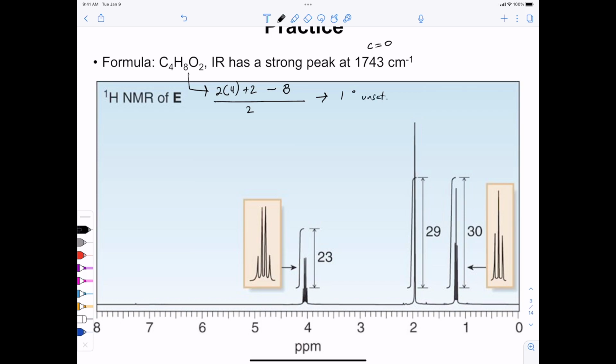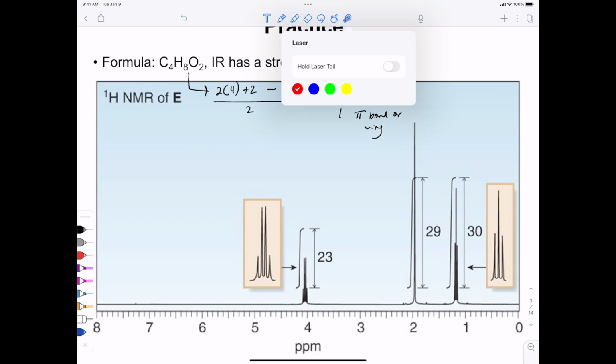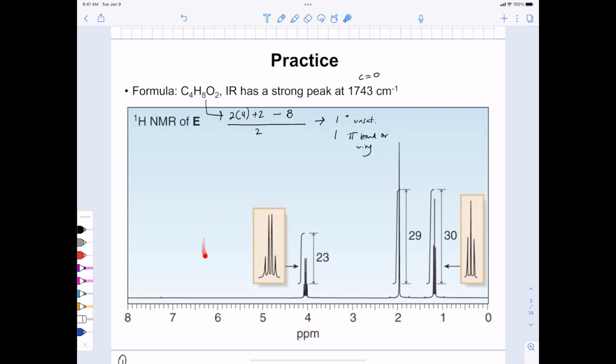That tells us we have 1 pi bond or ring. And actually, we've already accounted for that pi bond in the presence of the carbonyl group. So we can use this information to corroborate multiple lines of evidence, and then you can start to generate structural hypotheses. Now, what the heck is all of this?